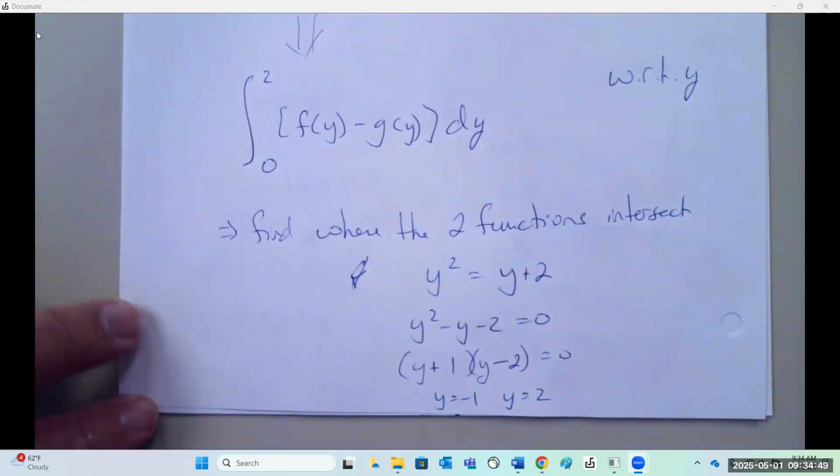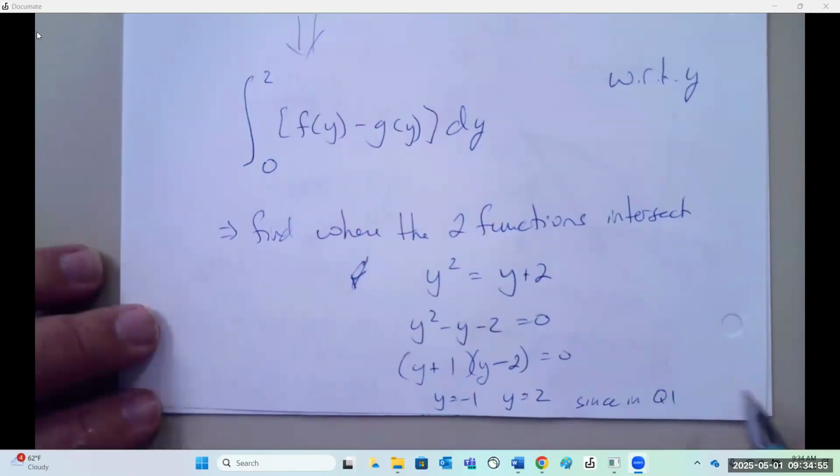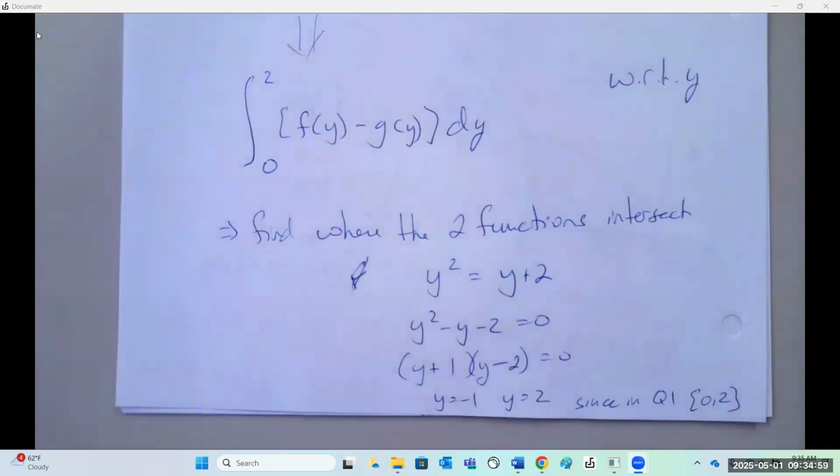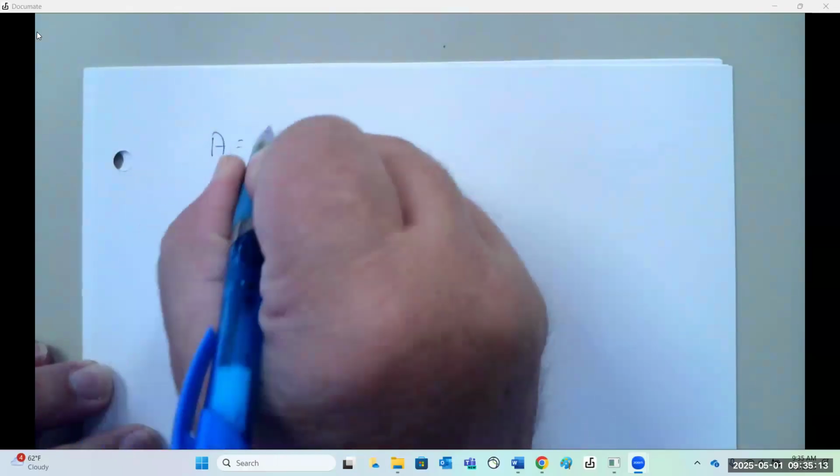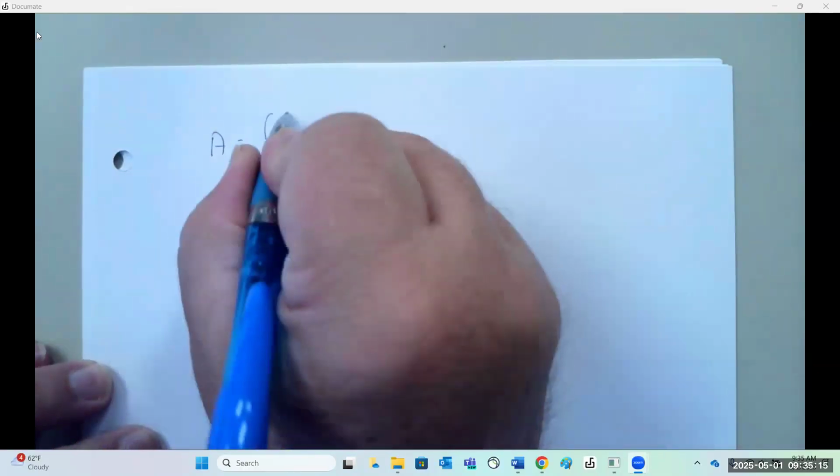But since we're in the first quadrant, our bounds of integration are from 0 to 2.